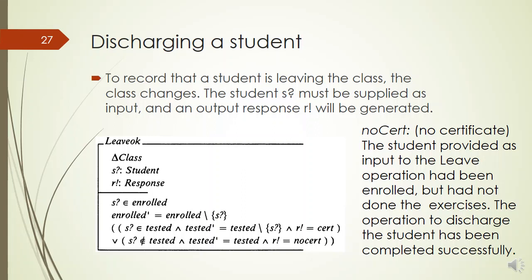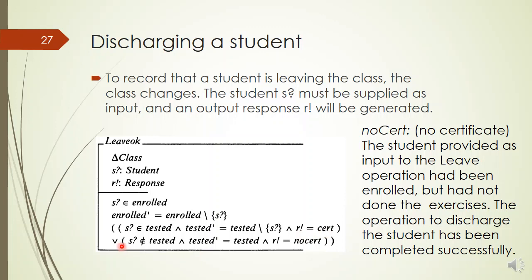Students, the leave OK operation is basically a merger of two schemas. If the input student is tested, then the postcondition would be that the tested student would be subtracted from the set tested, and the response would be certificate.